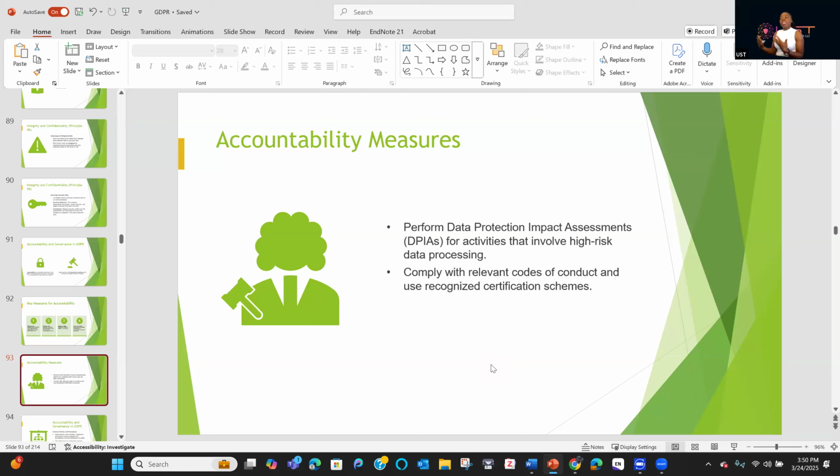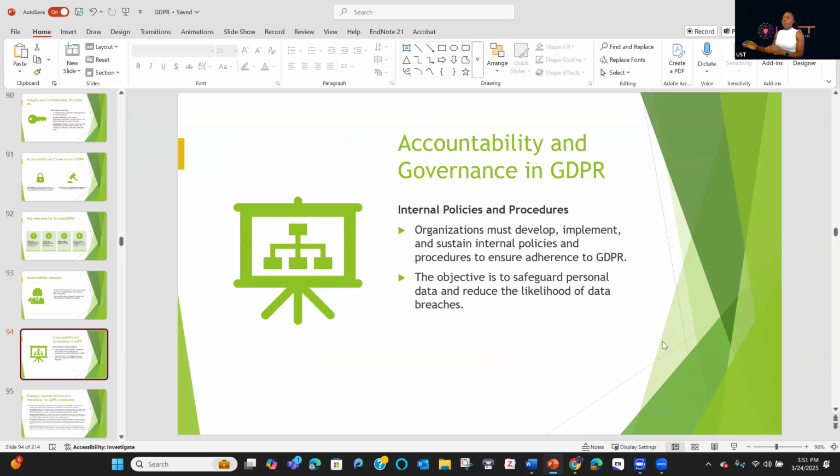So you need to do that assessment to think of the impact level. What's the impact level if this system gets breached? And the reason for doing that is to be able to determine a set of controls that go to your system. Comply with relevant codes of conduct and use recognized certification schemes. So again, that's just more of the accountability measures.